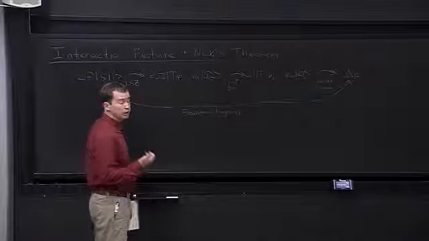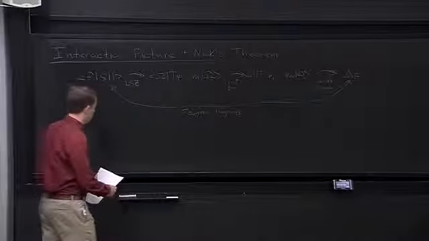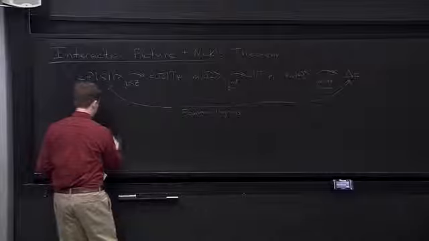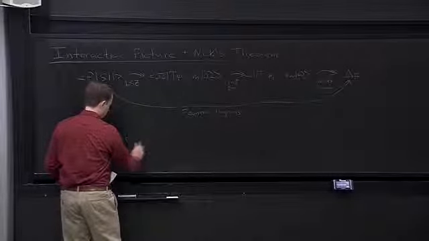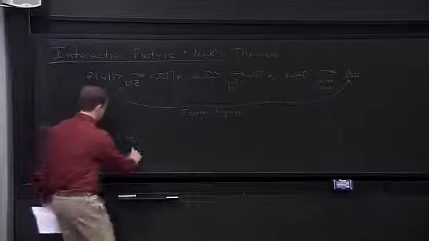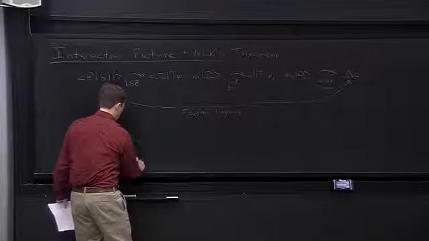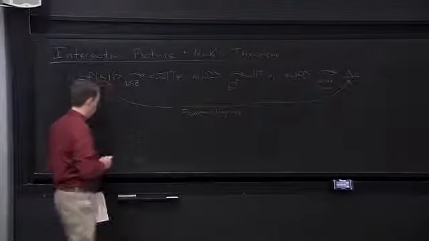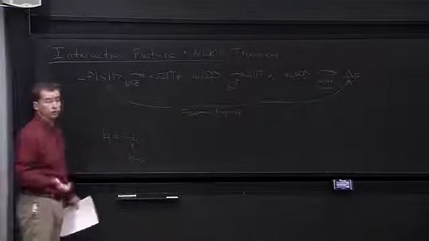So we're imagining that our Hamiltonian is given by a free part, which for us is just either the real or complex Klein-Gordon Hamiltonian.